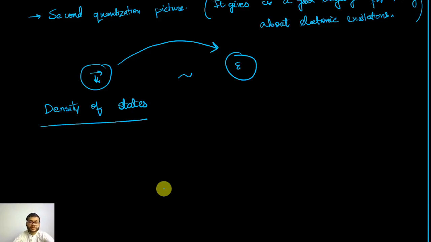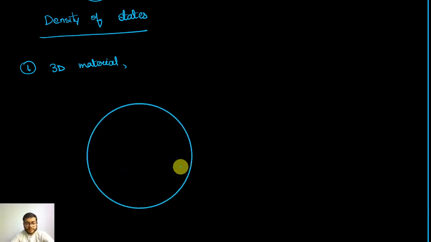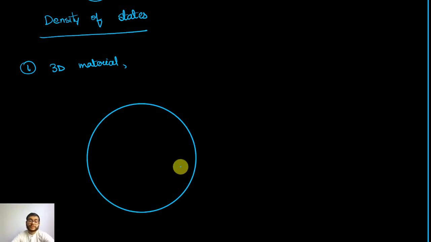So it's a density of states. What does it mean? Let's see. For example, we are talking about a 3D material where there is a sphere. As we talked about, it's called a Fermi surface. There is a Fermi sphere and all those things.